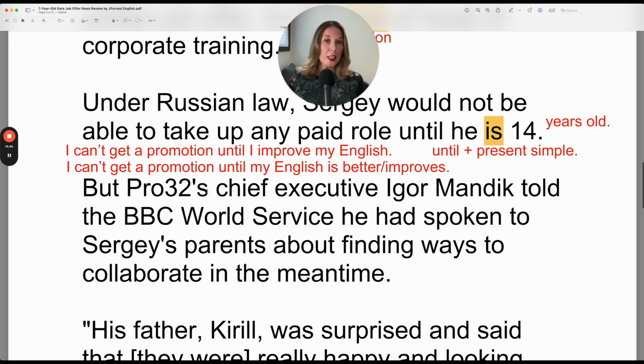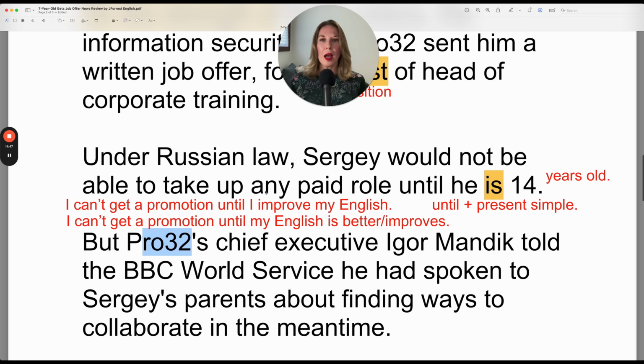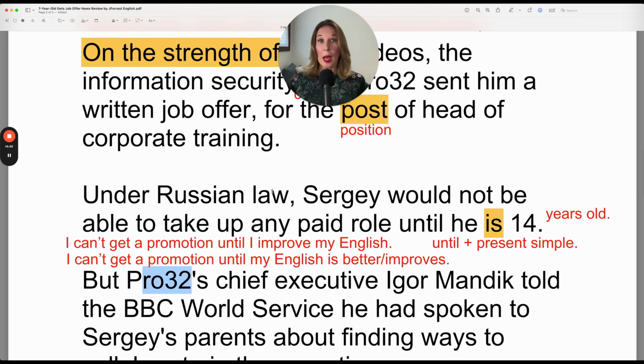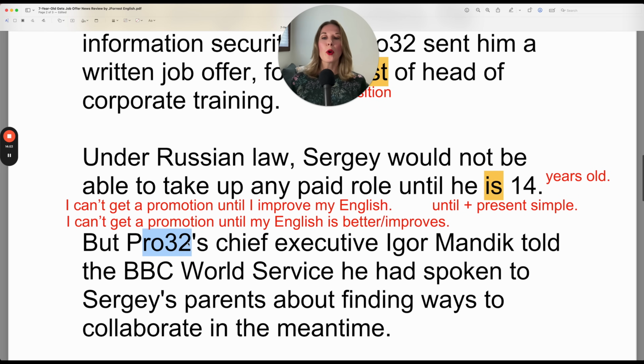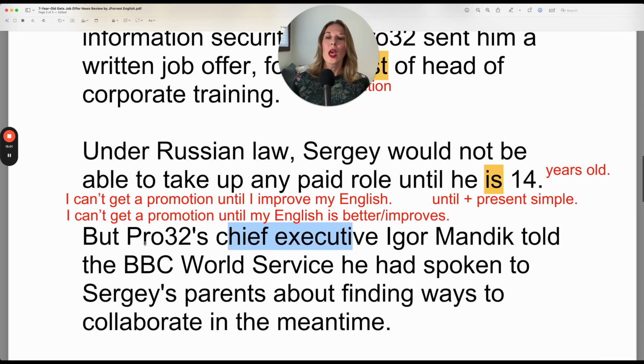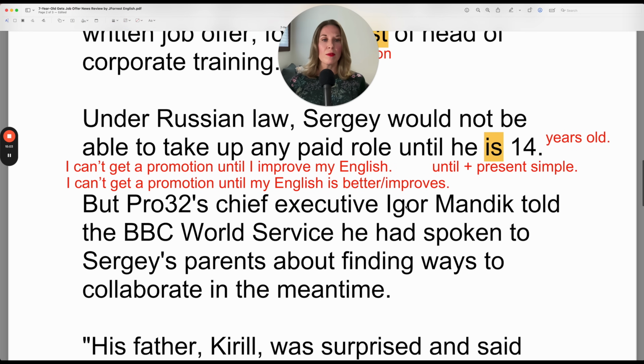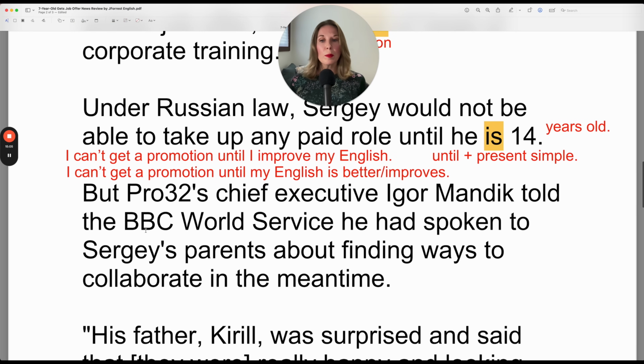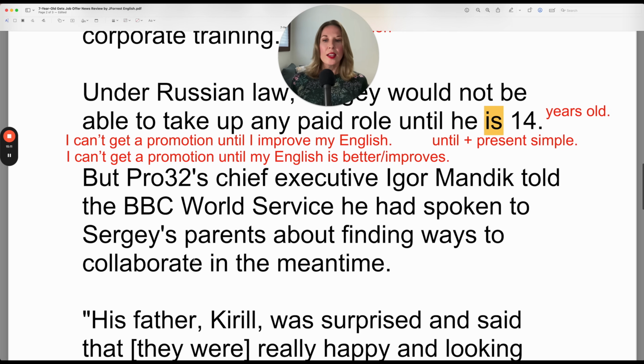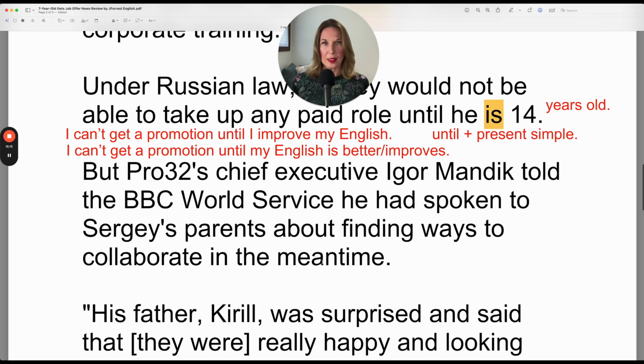But Pro 32, remember, this is the name of the company, the firm, the IT company, the IT firm, but Pro 32's chief executive. So this is possessive. The chief executive belongs to Pro 32. But Pro 32's chief executive, Igor Mandik, told the BBC World Service he had spoken to Sergey's parents about finding ways to collaborate in the meantime.